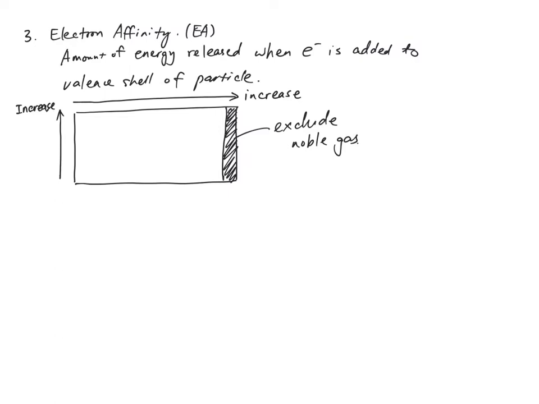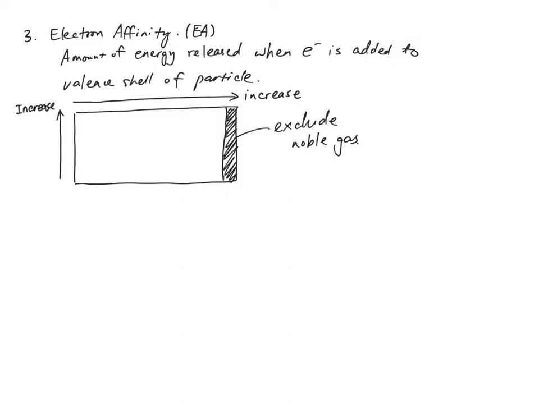The trend that we're talking about doesn't include noble gases. If you're wondering why: when we take electrons away for ionization energy, everybody on the periodic table has some electrons, so you can always take electrons away.